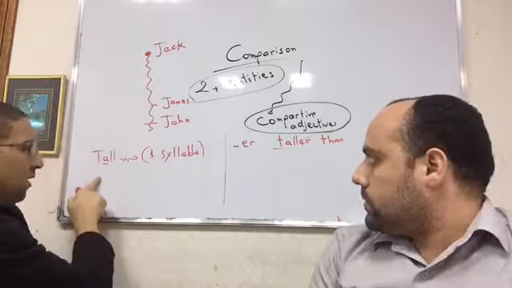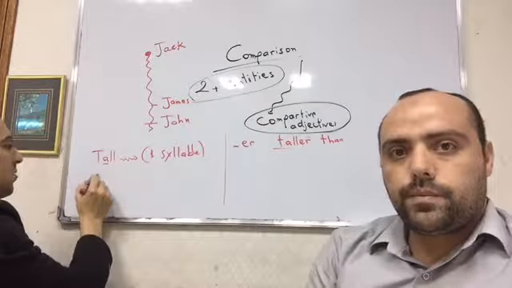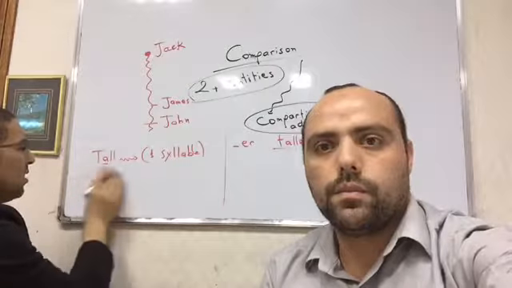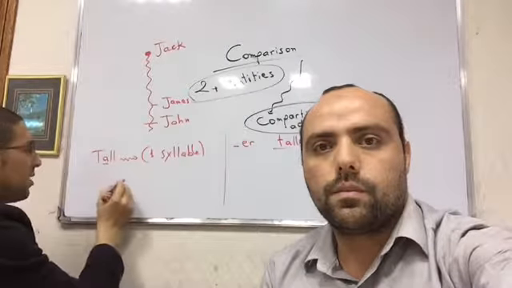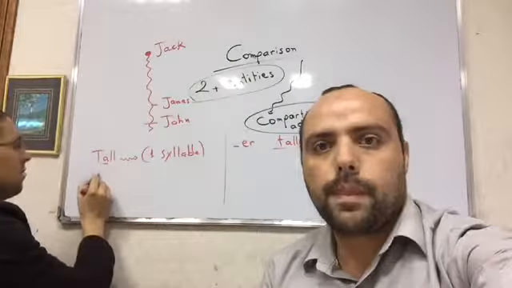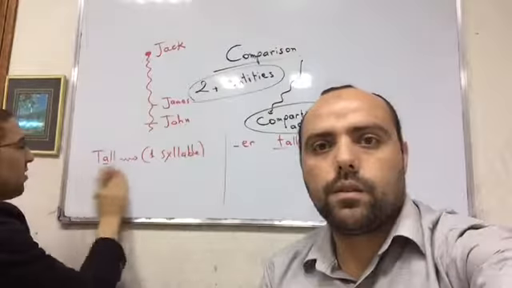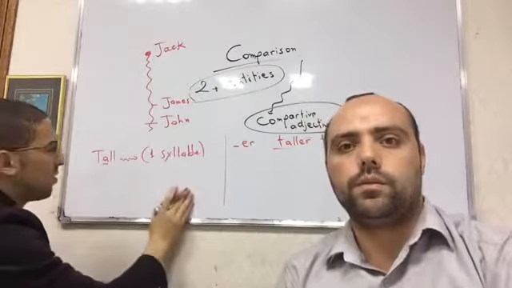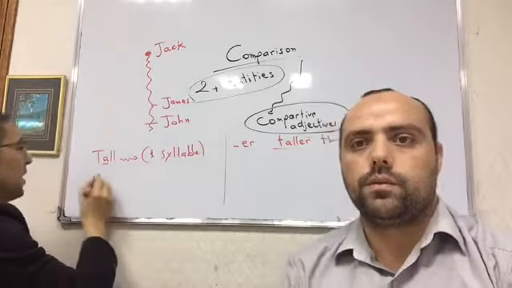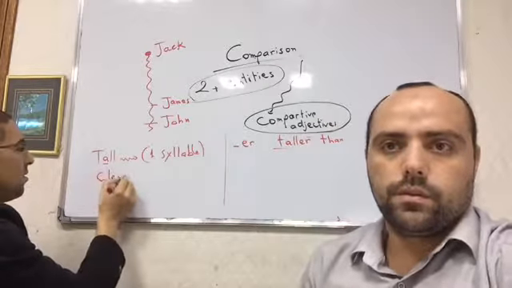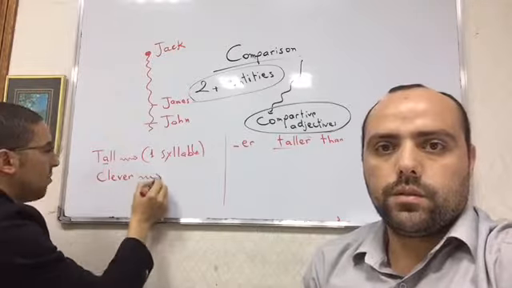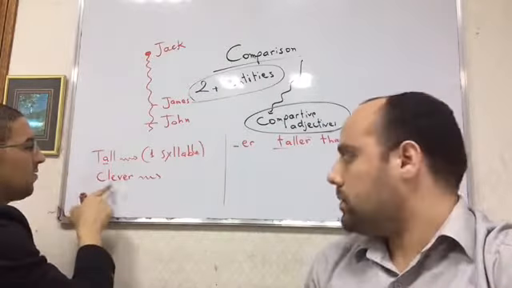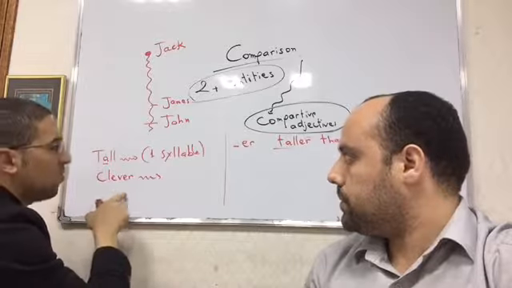Here, tall is one syllable, as we said. Let's give an adjective with two syllables, for example, clever. Clever has two syllables. If you have two syllables, you're going to say more.